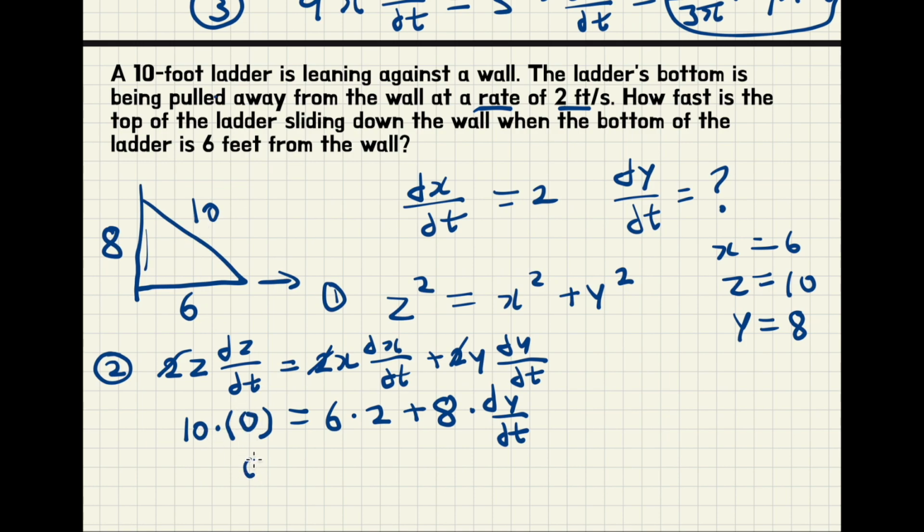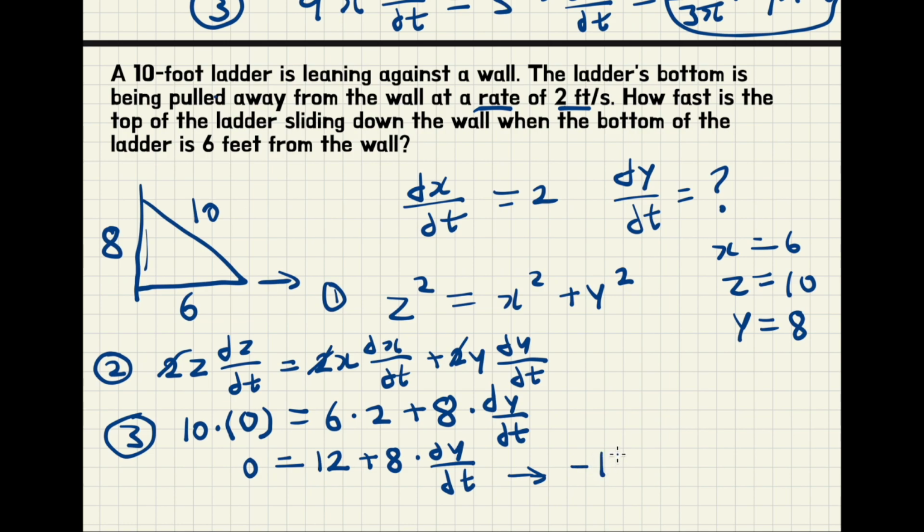So 10 times 0 is 0, equals 6 times 2, which is 12, plus 8 times dy/dt, right? Now solving for dy/dt, the third step was actually plugging in the variables.